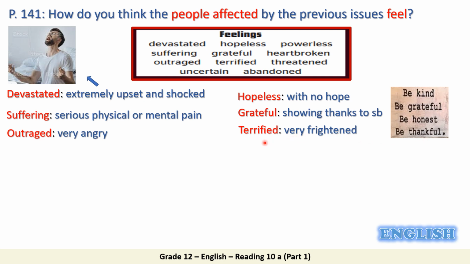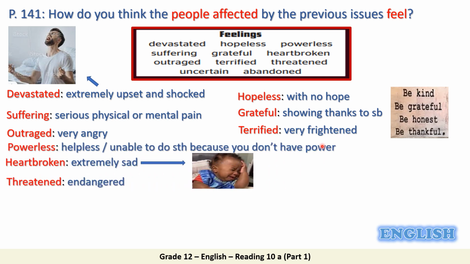The one who is terrified is very frightened, right? The one who is powerless is helpless. He is unable to do something because he doesn't have power. Heartbroken means extremely sad. Threatened means endangered.